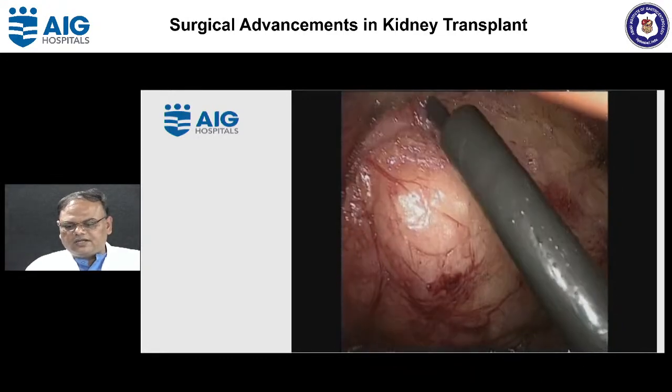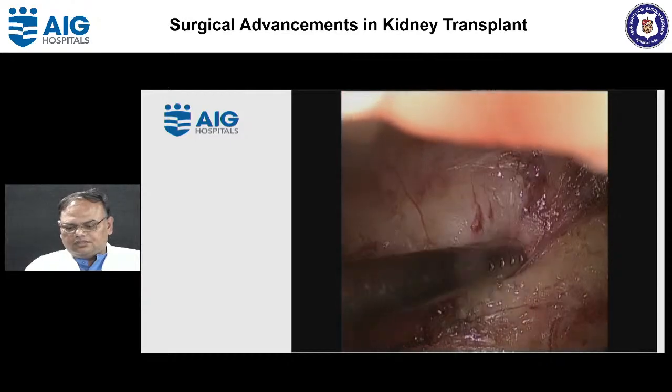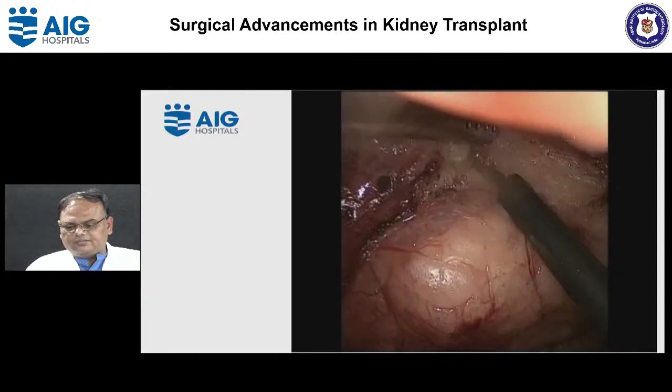Then the perirenal fat is excised posteriorly.